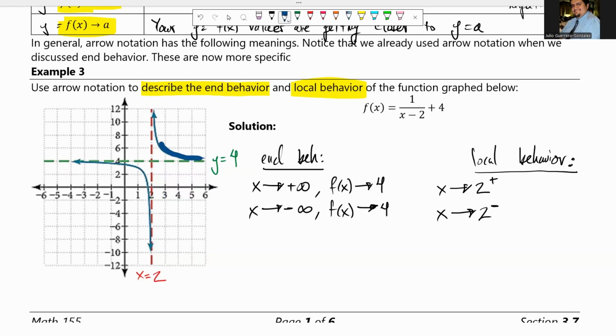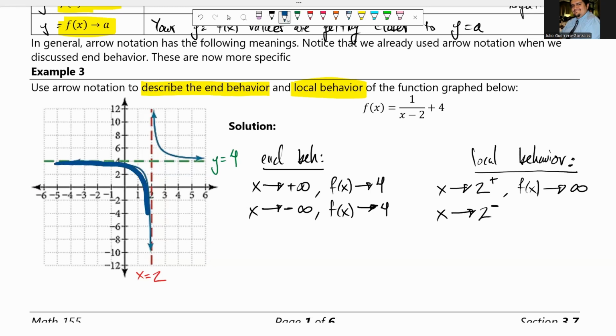Look at what's happening. It's shooting straight upward. So we say our f of x values are tending toward positive infinity, since as we get closer from the positive side, our y values are blowing up, becoming bigger and bigger. This is how we describe that local behavior. On the other end, look at what's happening.